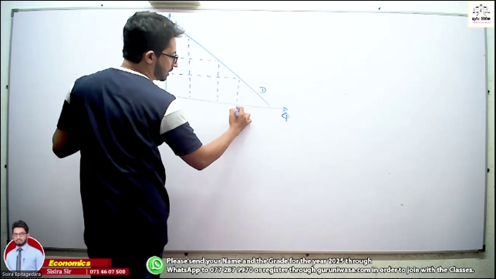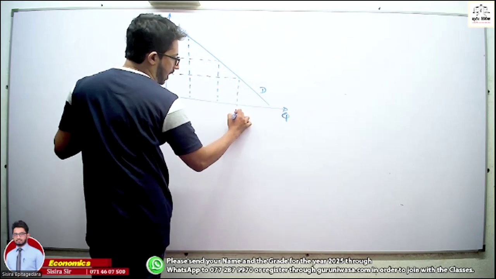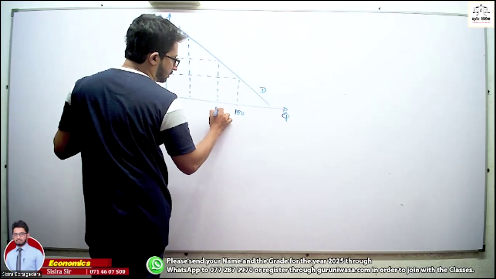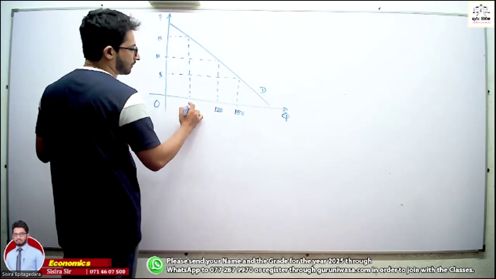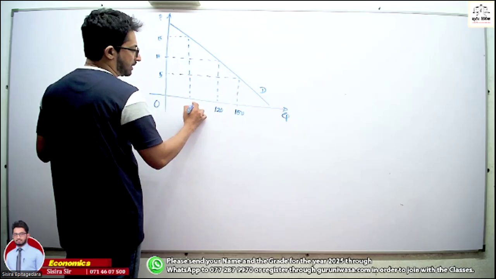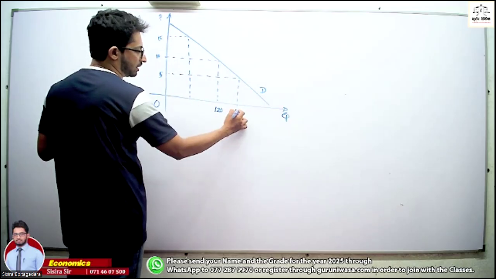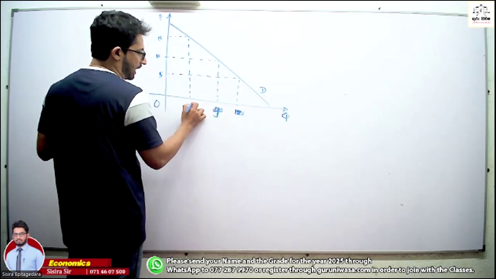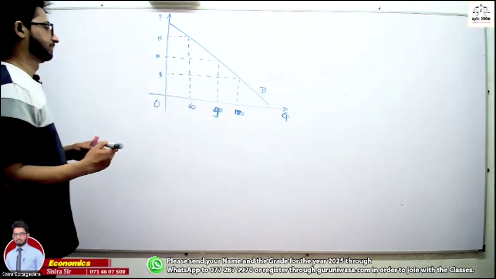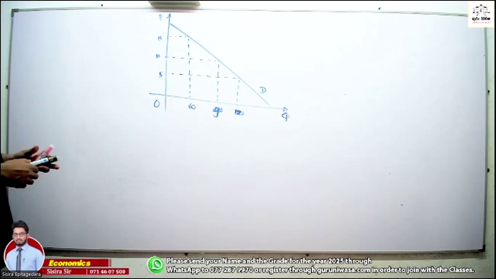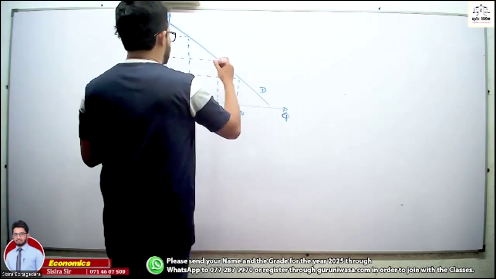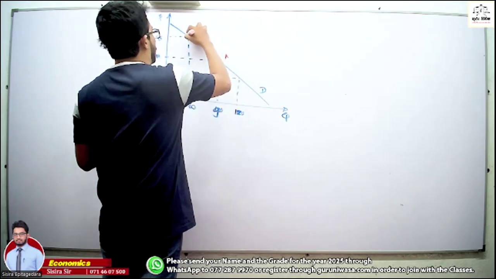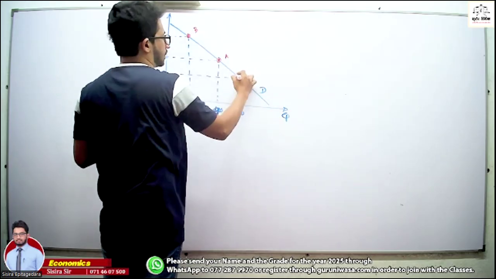Demand is 150 units, 120 units, and here 120 units, 90 units, and 60 units. Okay. This is point A, point B, point C.